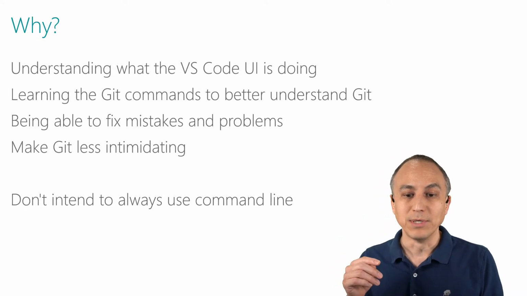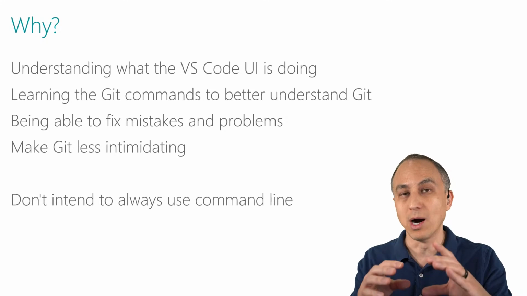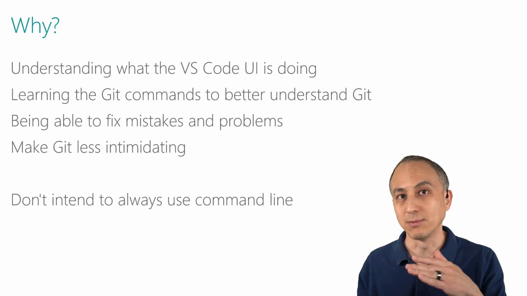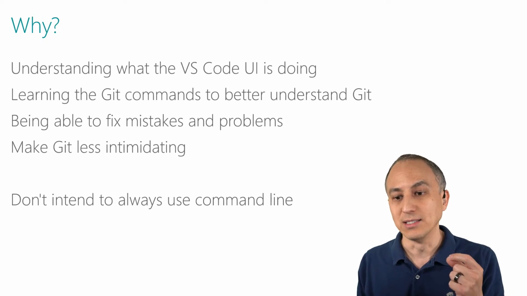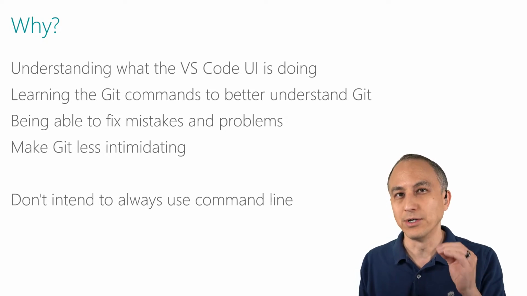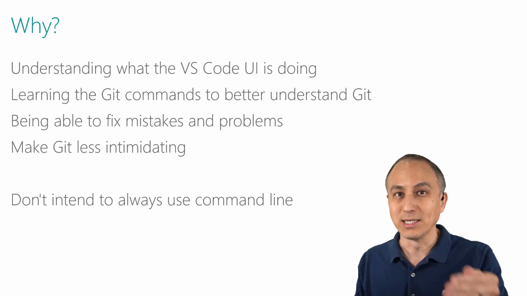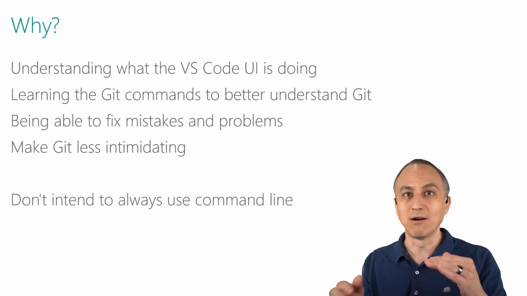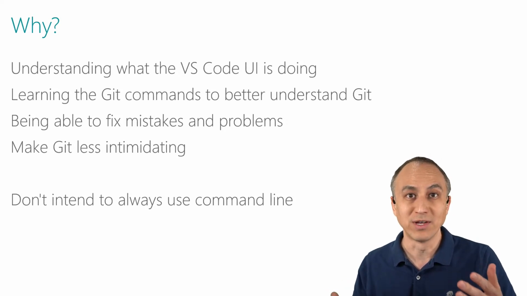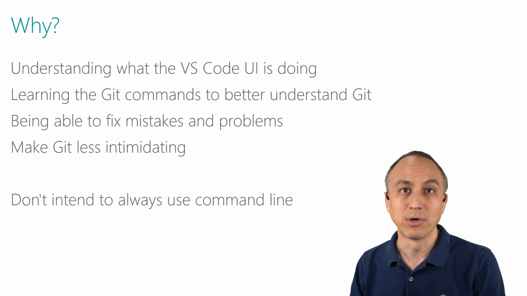So between that limitation of what's available in the UI and not understanding the commands behind the scenes, one of the challenges I have is not understanding how to fix problems. I don't know exactly what Git is doing, therefore I don't know the actual Git commands being issued, and therefore I don't know how to undo things and fix problems when they occur, or understand what's going on when a problem happens.